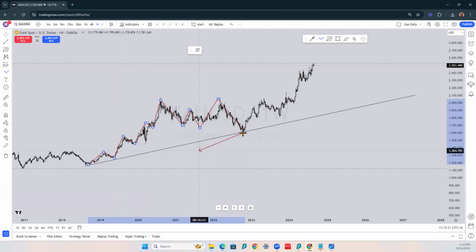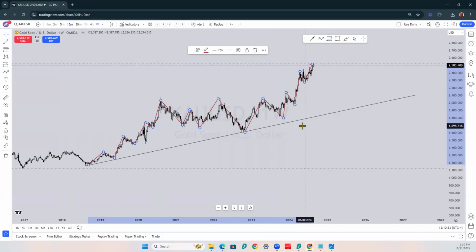It bounced off the trend line and made another high, equal highs right here, like a triple top. Then a low, and it made another high right here, higher than all these highs. Then a low, a high, a low, a high. Look at that, all above all of these highs here. That's why I'm saying that we're in an uptrend.